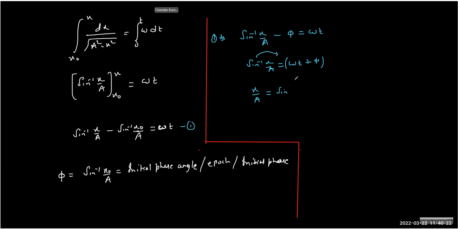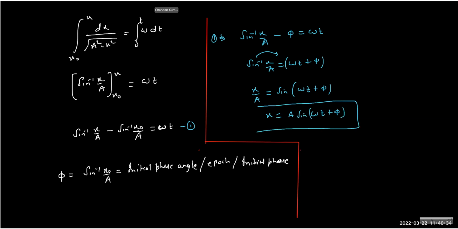If this goes to the other side, it becomes sine of omega t plus phi. So x becomes a sine of omega t plus phi. Now you know how this formula came into picture. It's a basic derivation from the kinematics with a little bit of notational changes. And now you know what phi is exactly.